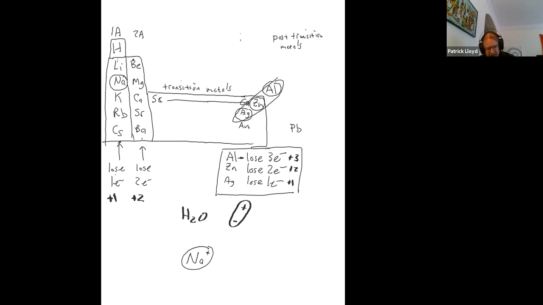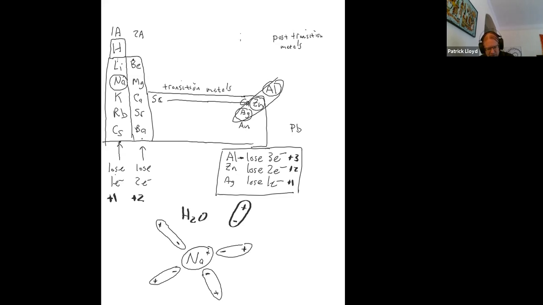So the result of that is that water molecules will be very strongly attracted to it. So I'm going to draw these little water molecules with their dipole moments surrounding the sodium ion. Now I'm exaggerating the sizes. These are not to scale.